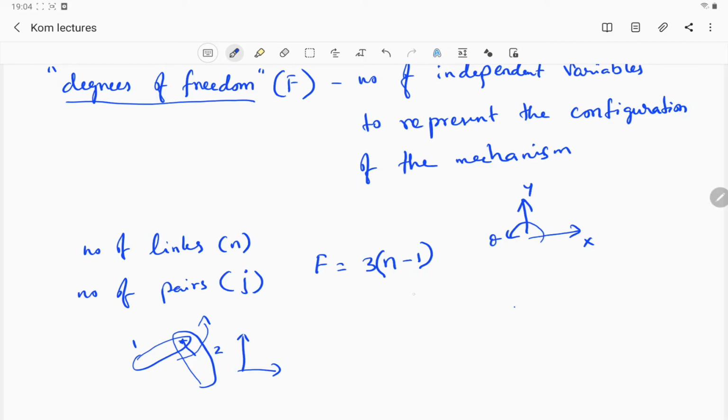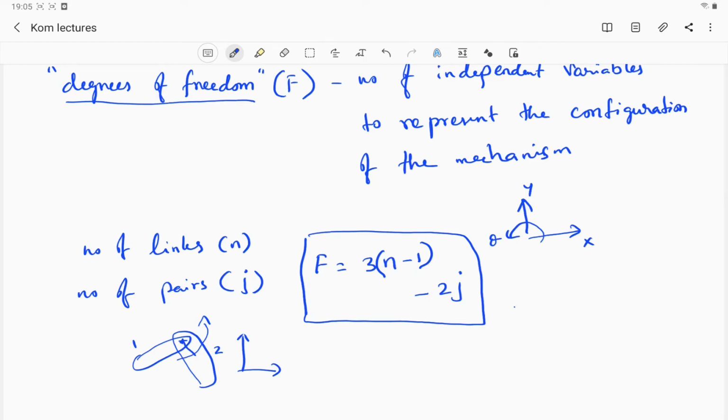In order to take care of that, we are going to subtract 2j, where j represents the number of pairs. Now using this formula we can calculate the degrees of freedom for the planar mechanism.